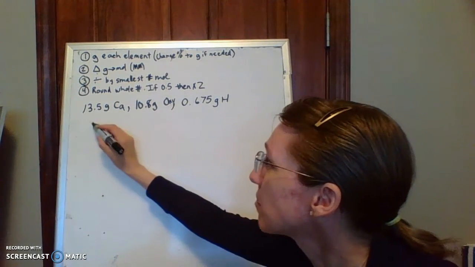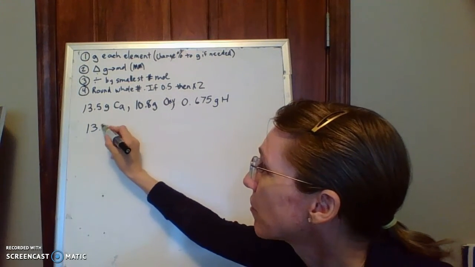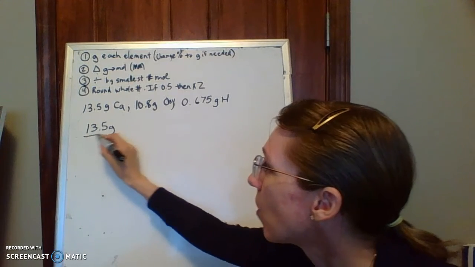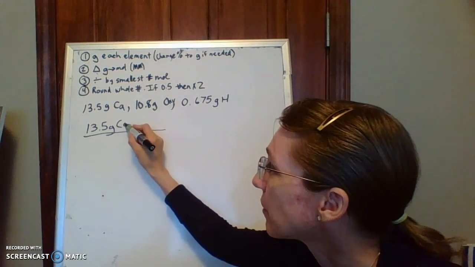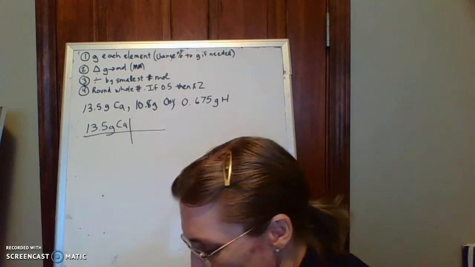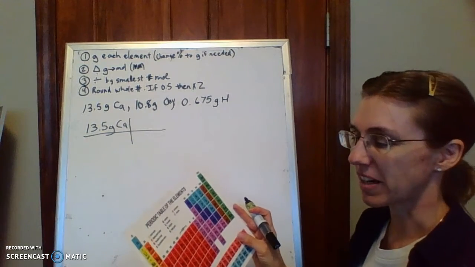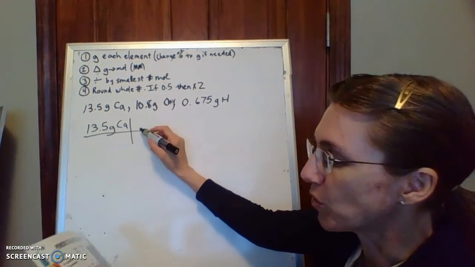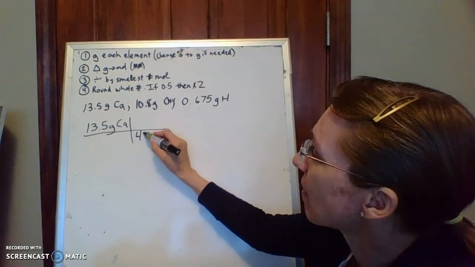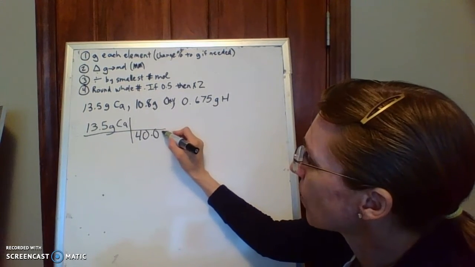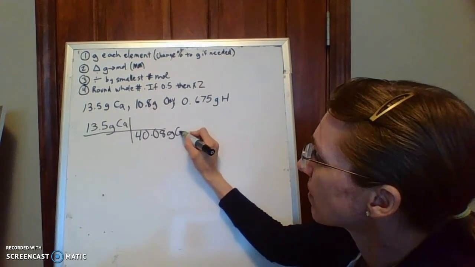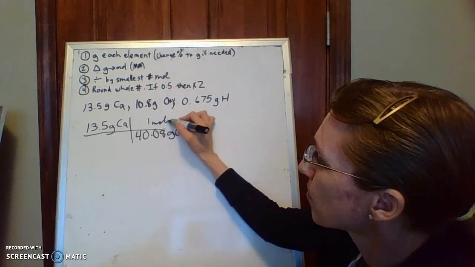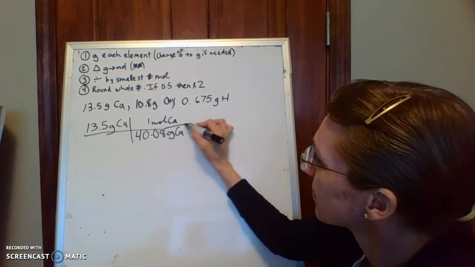We've got the number of grams, so now we're going to change the number of grams to moles. Here we're dealing with calcium, so we can get our periodic tables and look up calcium to get our molar mass. And we've got 40.08 grams of calcium per mole of calcium.